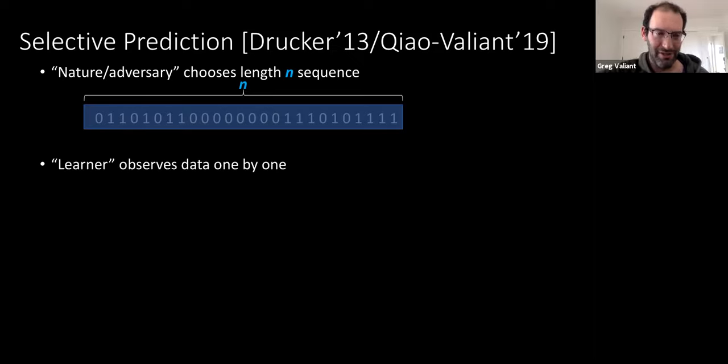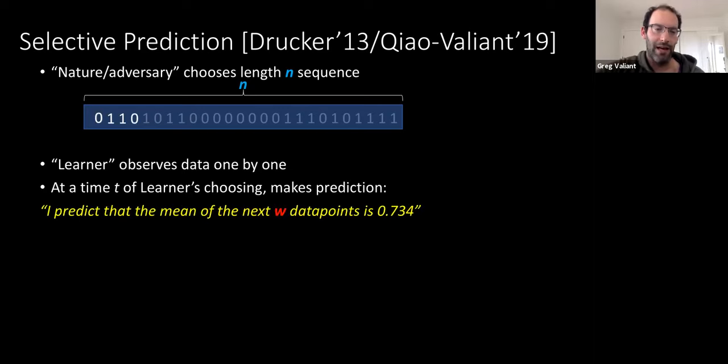The learner, or the predictor, is going to observe the values one at a time. And then at some time point t of the learner's choosing, it's going to say, I want to make a prediction about the future. The form of the prediction will be, I predict that the mean of the next W data points is blah.